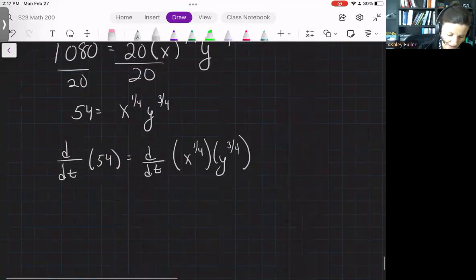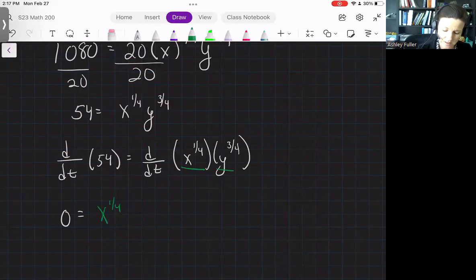On the left, we end up with 0. And then here we have our first term and our second term. So we're going to have first times the derivative of the second, which is going to be 3/4 y. When we subtract 1, we're going to end up with 3/4 minus 1, which gives us negative 3/4.